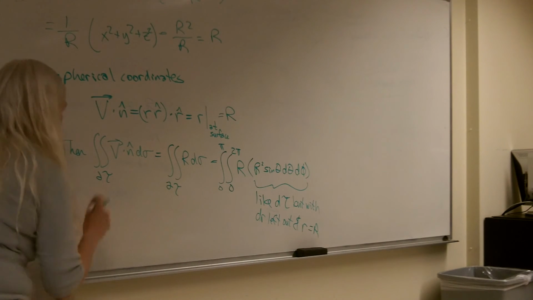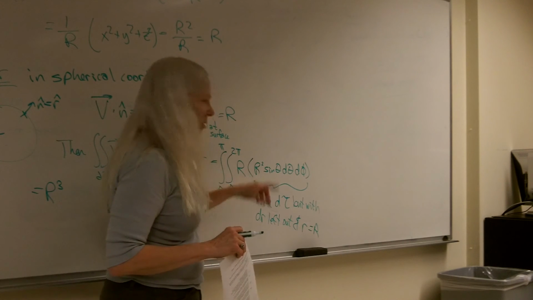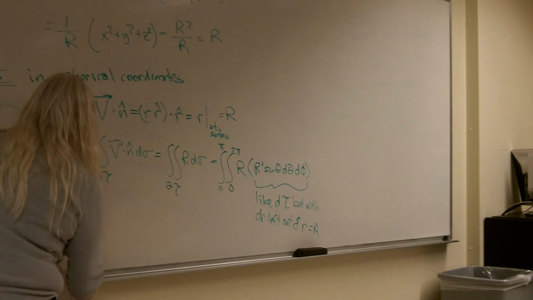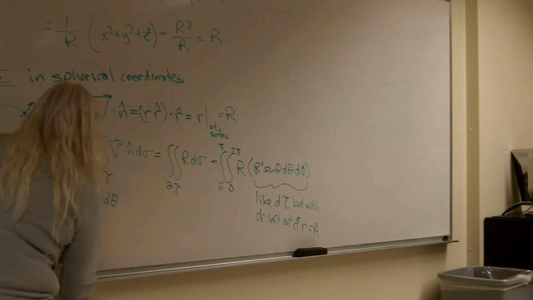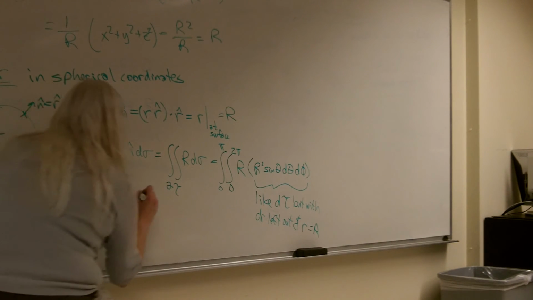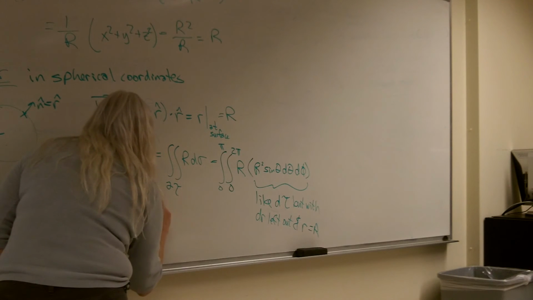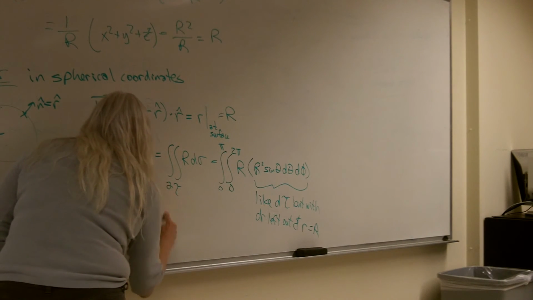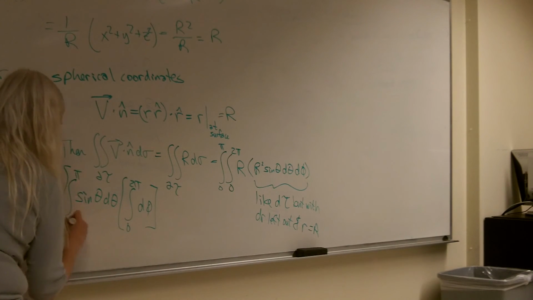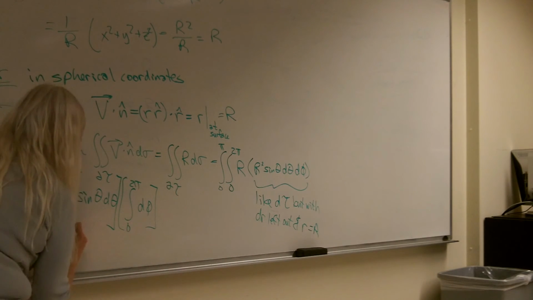So there's an r cubed, which I can bring out in front, right? That's a constant. So there's a sine theta d theta from 0 to pi, and a d phi from 0 to 2 pi. This last integral is, of course, equal to 2 pi.